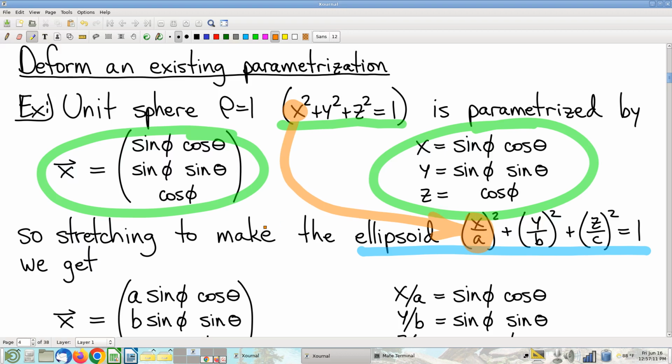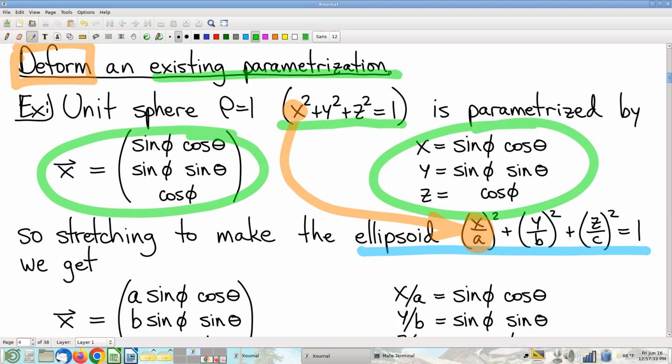And likewise for the y and the z. Right? So this is the deformation. This is one of the pieces, anyway, of the deformation. We have this existing parameterization of the sphere. I know how I need to deform that to create the thing I actually am interested in.